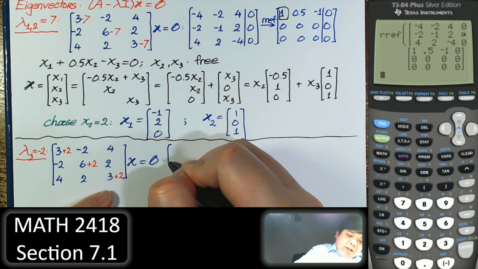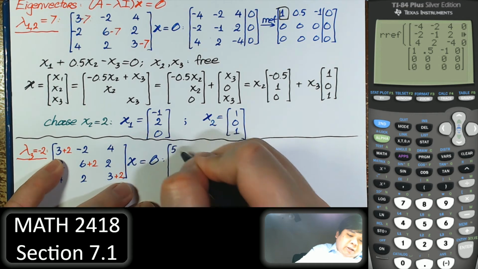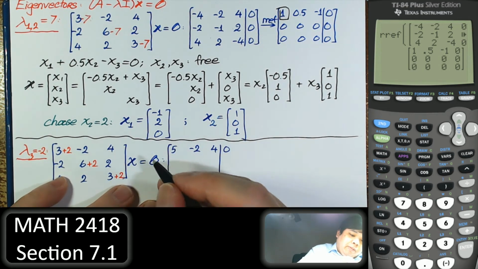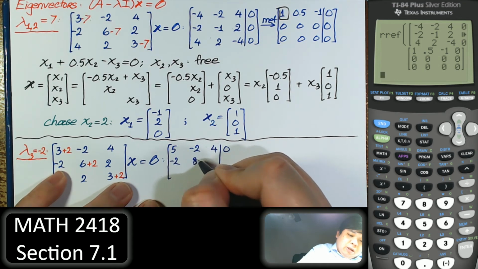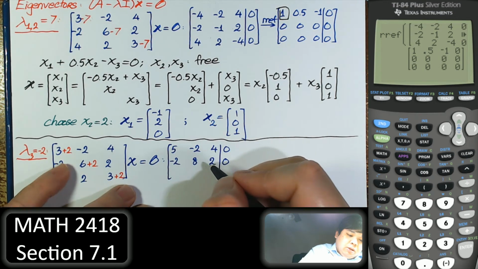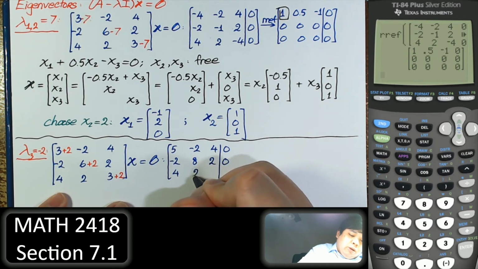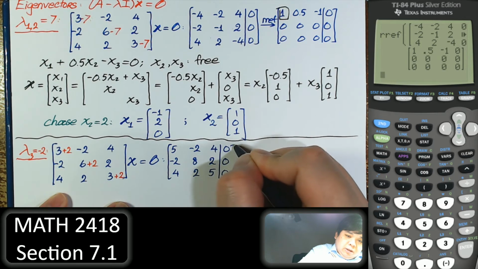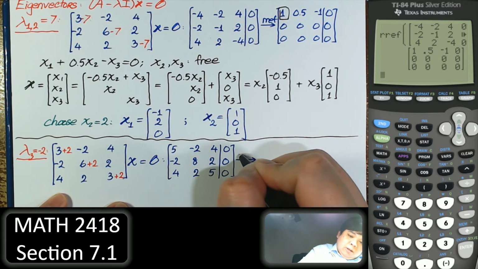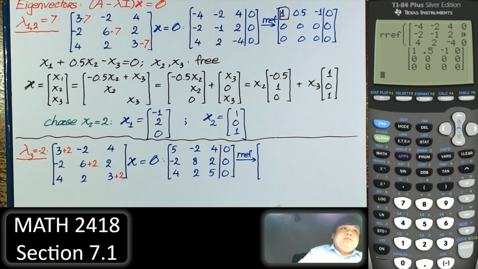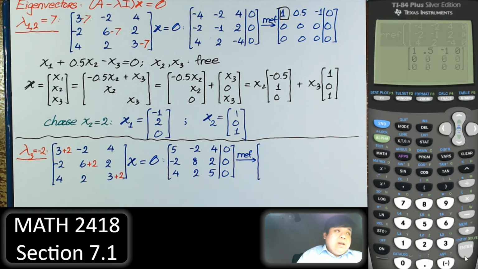That gives us the matrix 5, -2, 4; -2, 8, 2; 4, 2, 5. I just need to change the diagonal.